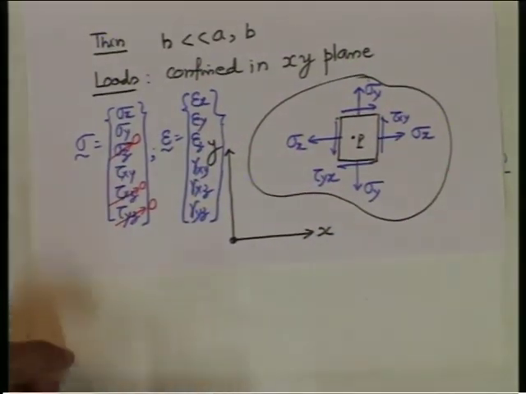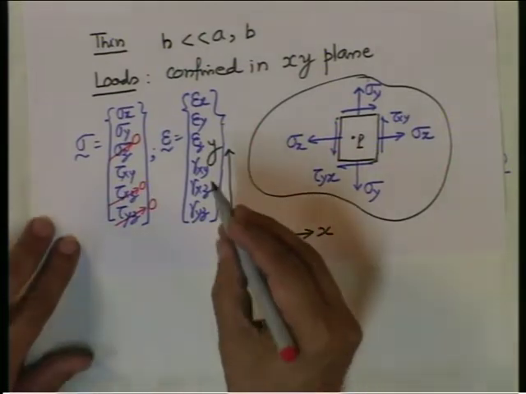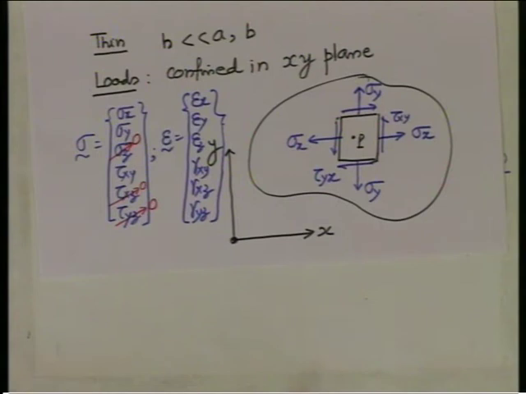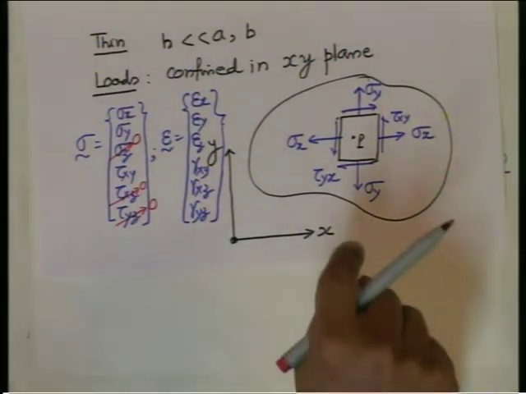Now, how many strain components will exist is a different matter that we will see here. Because for shear stress in the xz plane, you have to have some load with a component in that direction.